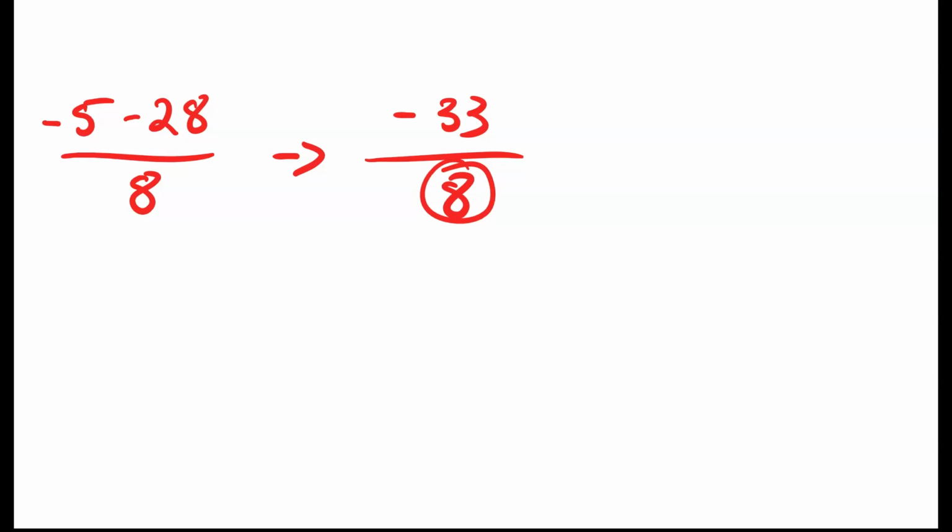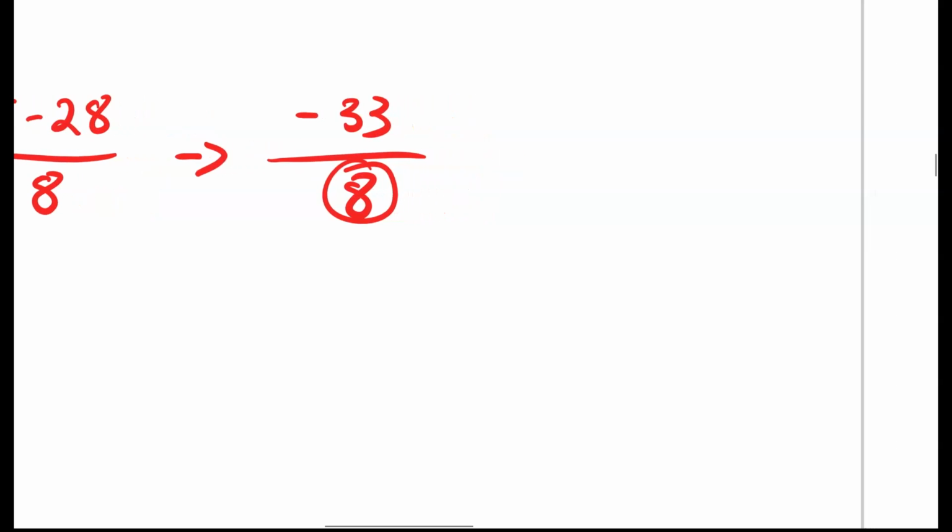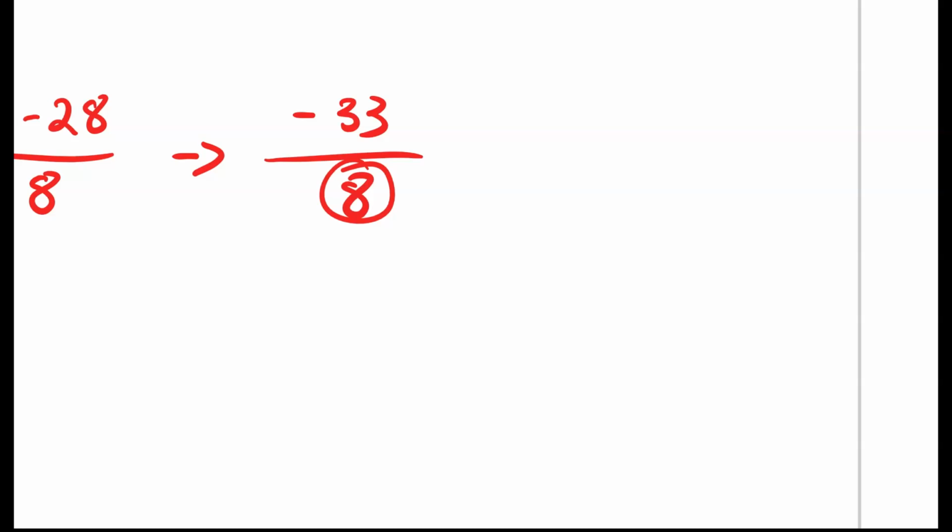So we're going to have 33 divided by 8, which will give us 4, because it goes into it perfectly 4 times, which is 32. And then it's also going to be negative because of this negative in front of the 33. And what's remaining is we have 1 over 8.